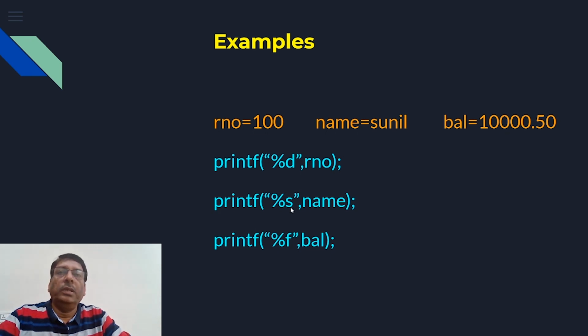Instead, I will go with %s, and then I will write the variable name. And for balance, which is a float value, I will say printf %f balance. So I can write printf %d for integer, %s for string, %f for float, and so on.